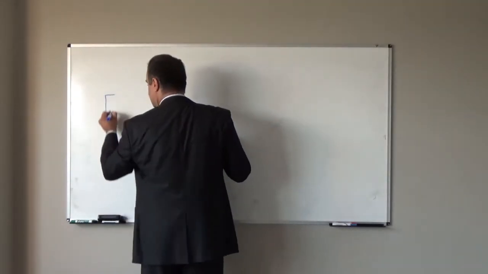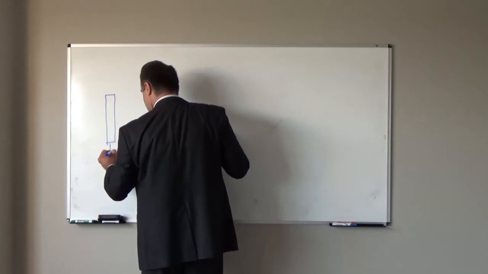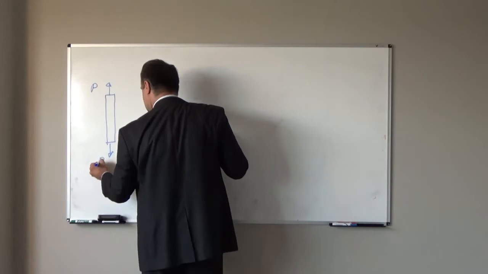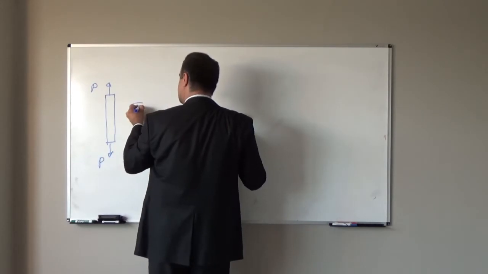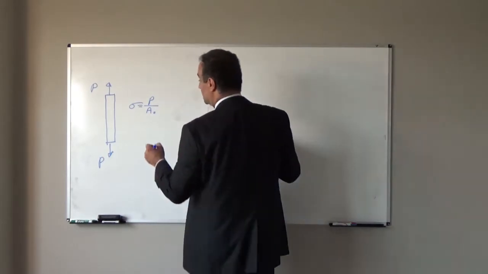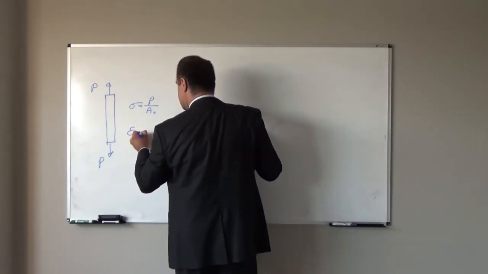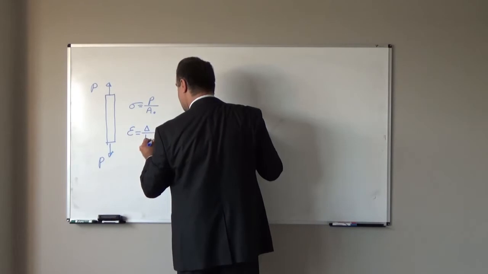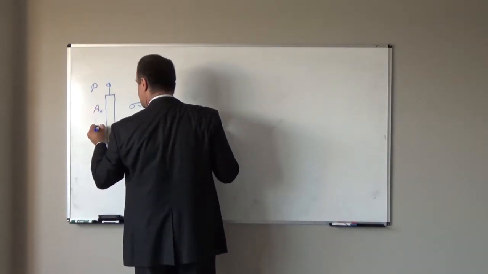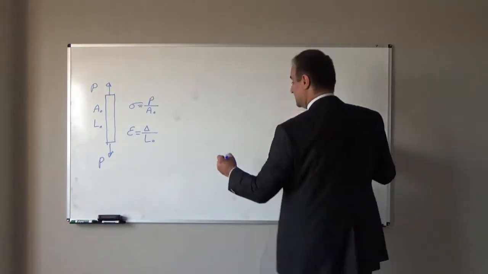Assume we have this rod or bar, we apply force P, and we know stress is equal to force divided by cross-sectional area, and strain epsilon is equal to deformation divided by initial length. The cross-sectional area is A0, the initial length is L0.